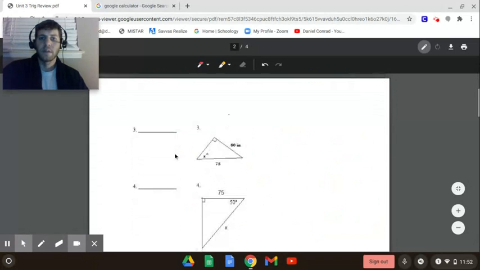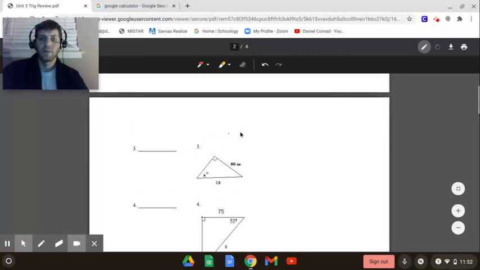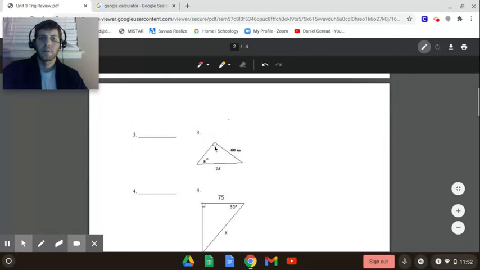Number 3 here, we're solving for an angle. So let's label our sides. Across from the right angle is your hypotenuse. Okay, circle the angle in question, across from that, so that's opposite. And then the blank side would be adjacent. So we have information on opposite and hypotenuse. So again, if we look at SOHCAHTOA as our mnemonic, we have opposite and hypotenuse.